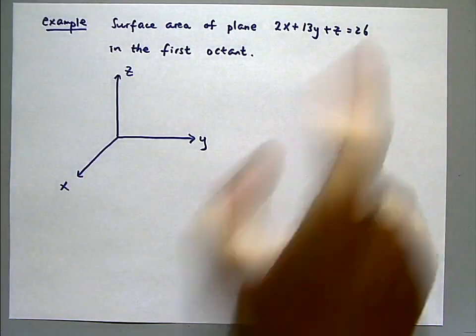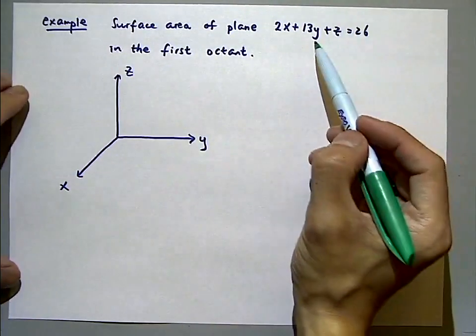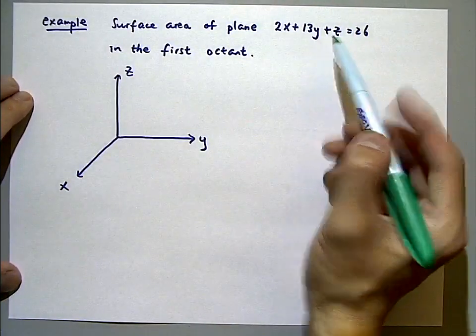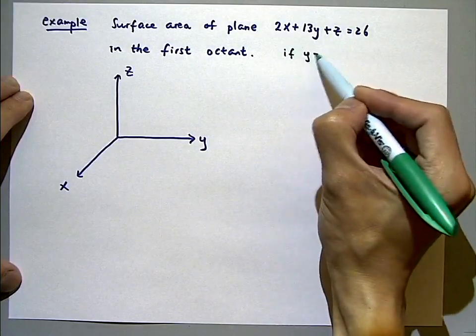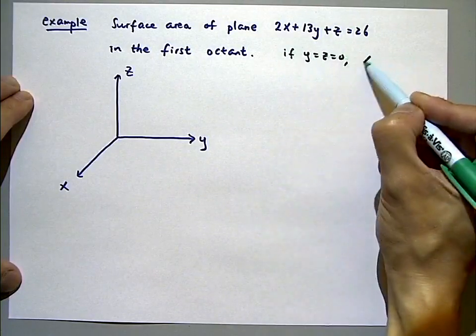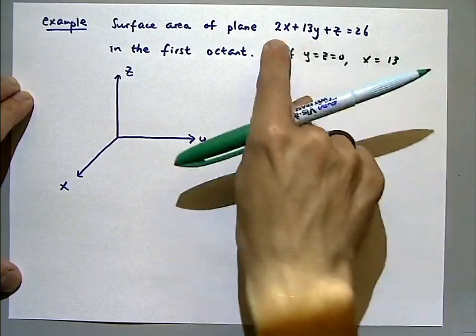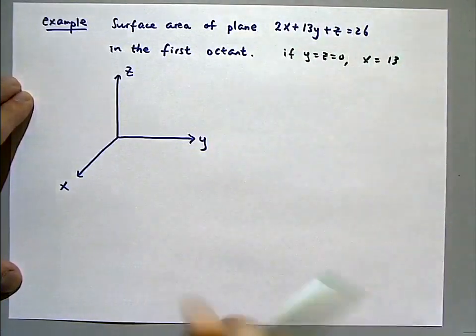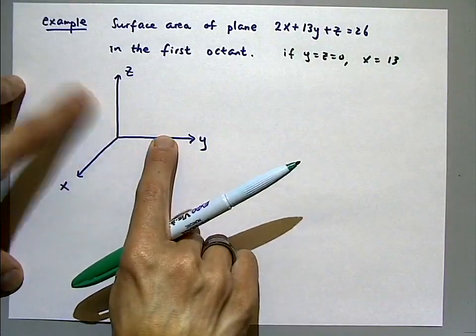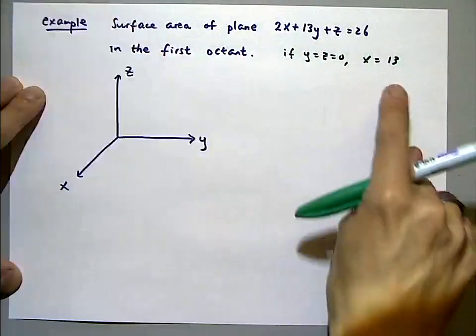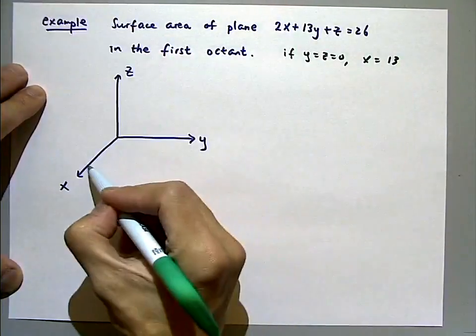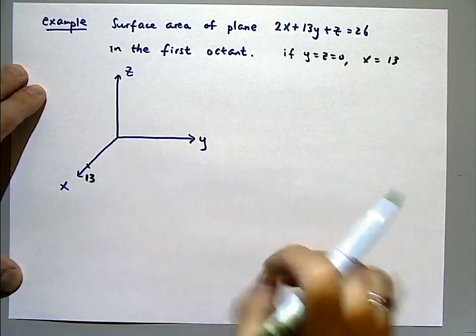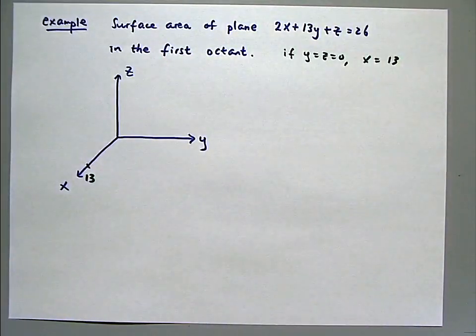To sketch this is pretty simple. If you let y and z be 0, then 2x is equal to 26. That tells you that when y and z are 0, you're on the x axis. X is 13. So that's the intercept. The x-intercept is 13.